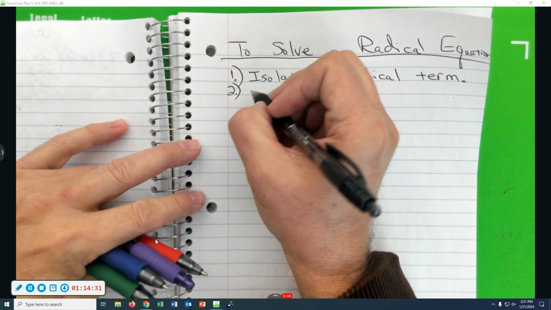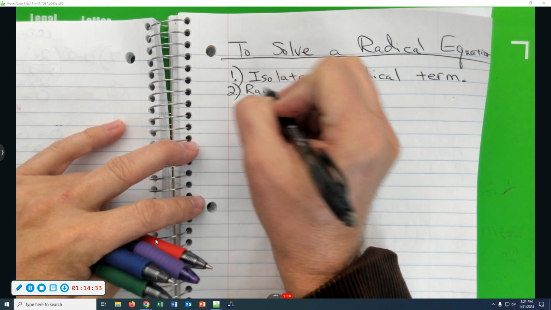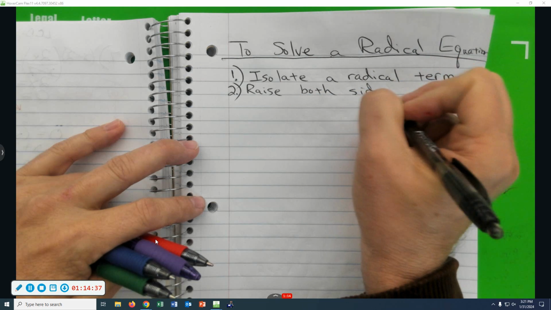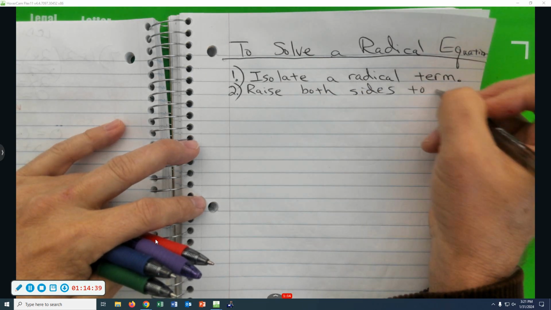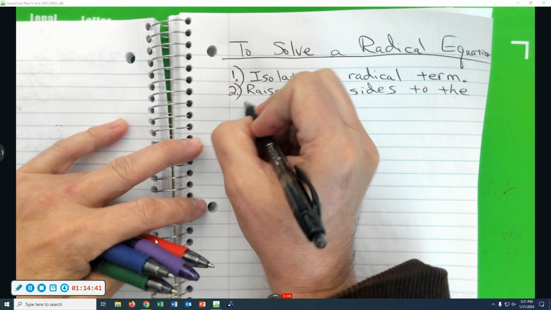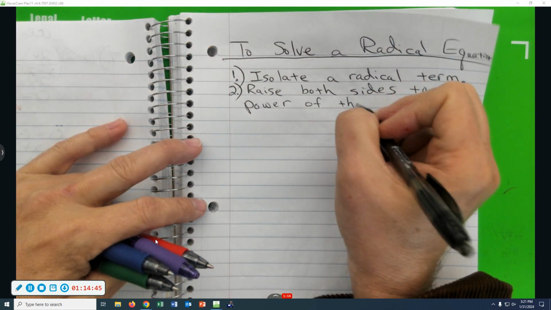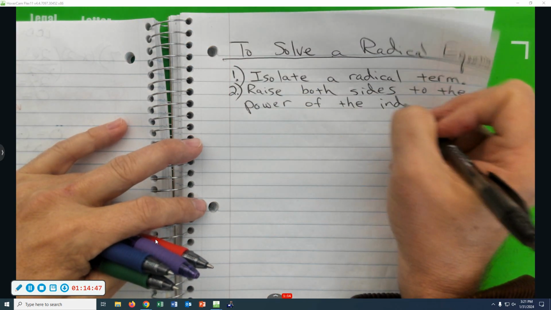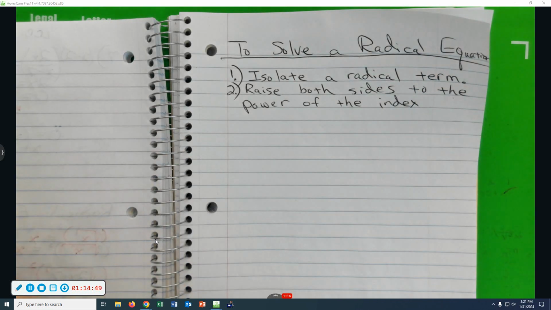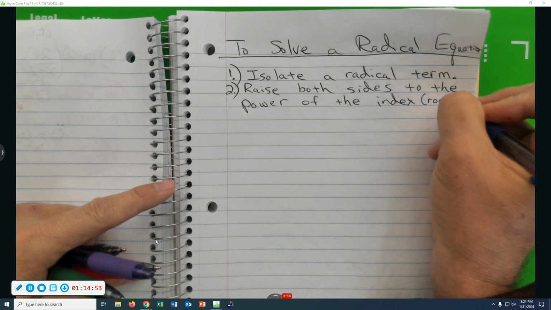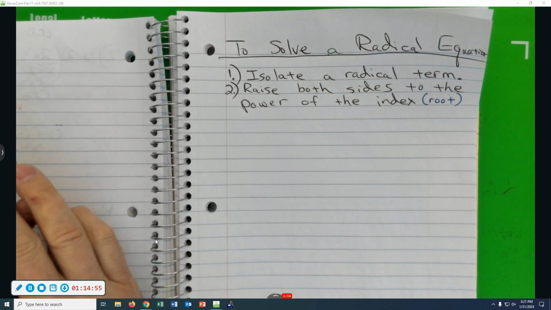So I'll say, raise both sides to the power of the index, and maybe beside index, put root in parentheses. If it's a square root, you square it. If it's a cube root, you cube it. The index is just another name for the root.